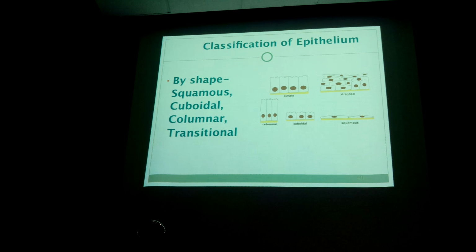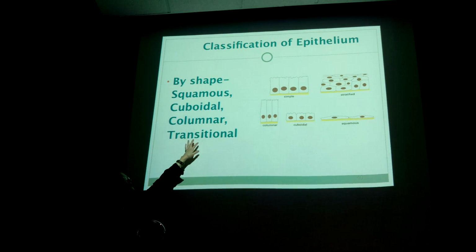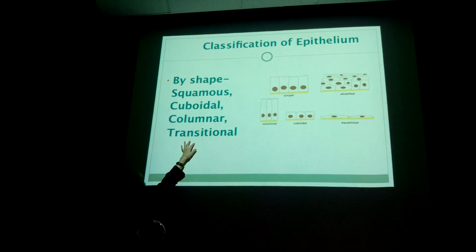So this is, again, the classification. When we classify epithelium, we could have simple squamous, simple cuboidal, simple columnar, and transitional. Transitional means that it is different from other types of epithelium.